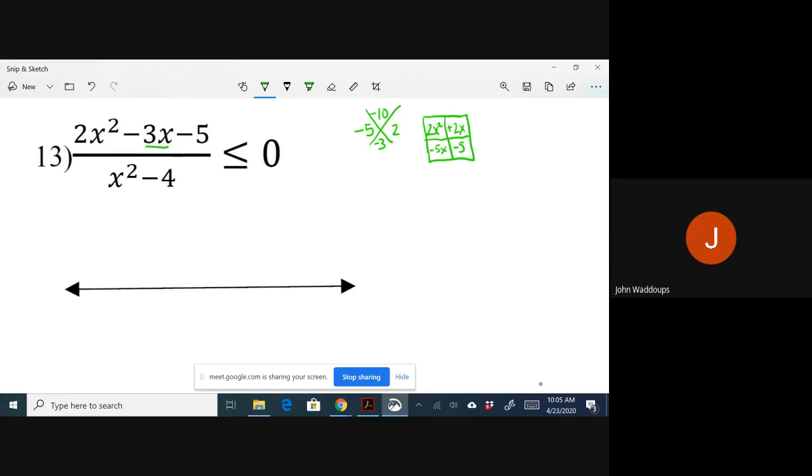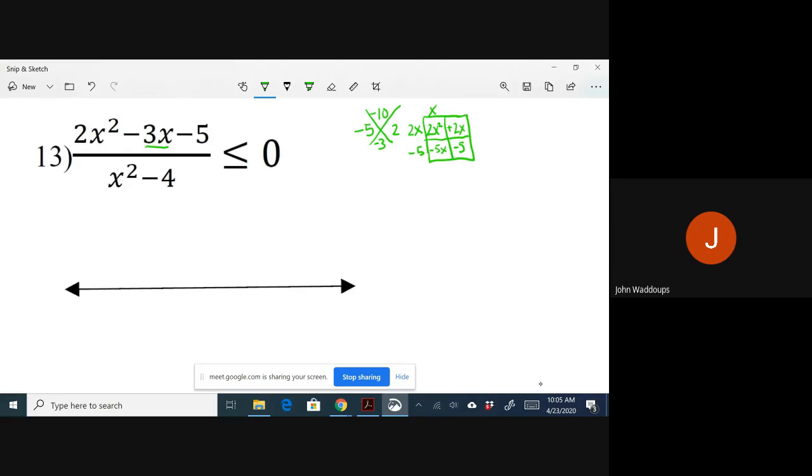So then by each row, we're looking for the greatest common factor. Between 2x squared and 2x, what I can take out of both of those would be 2x. And then 2x times x would be 2x squared. Then x times negative 5 would be negative 5x.